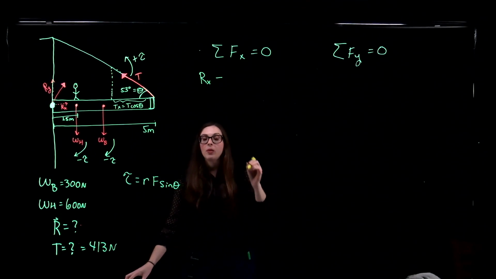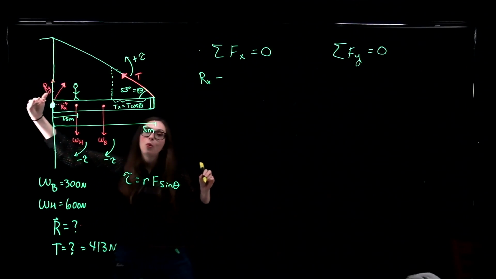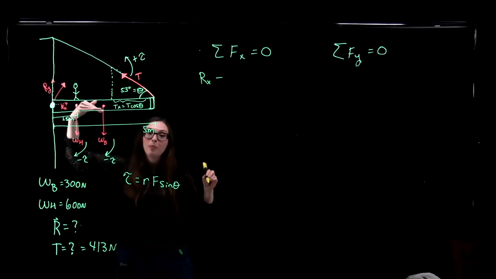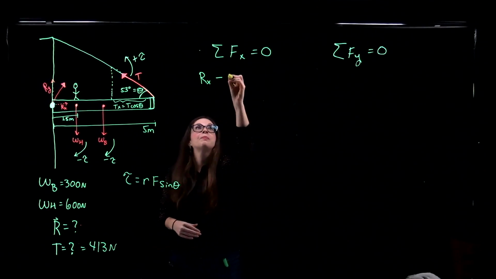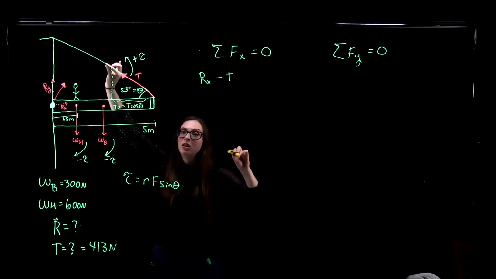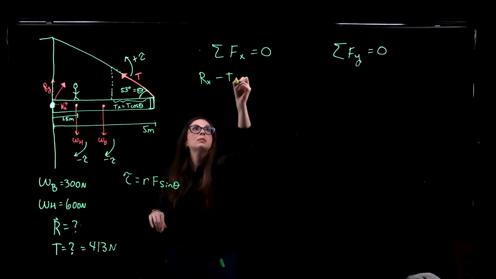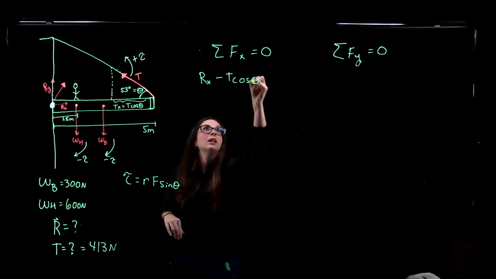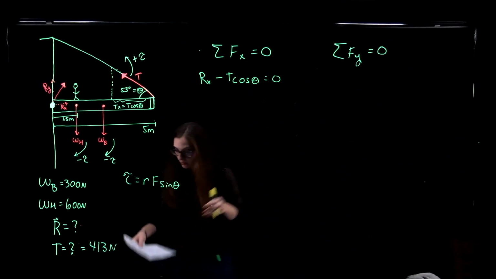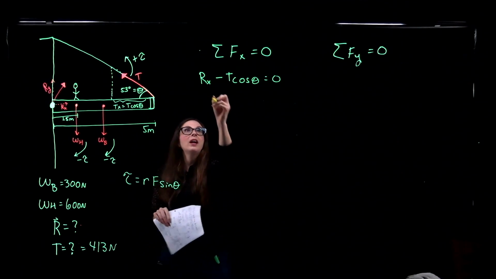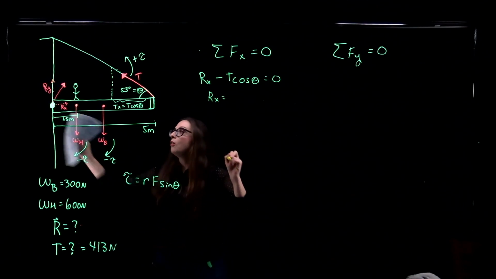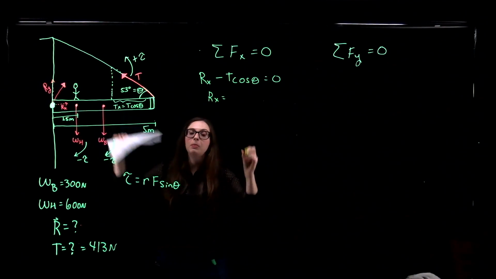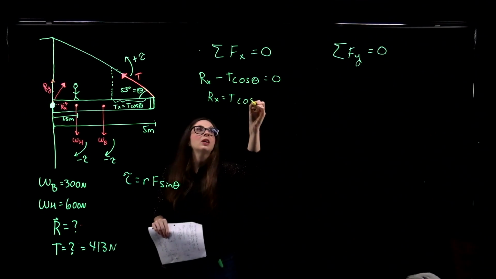Okay, so we've got the x component from the force of the wall on the beam minus the x component of the tension force at the end of the beam, which is minus T cosine theta, and that has to equal 0. So we find that the x component of the force that the wall is exerting on the beam is just equal to T cosine theta.